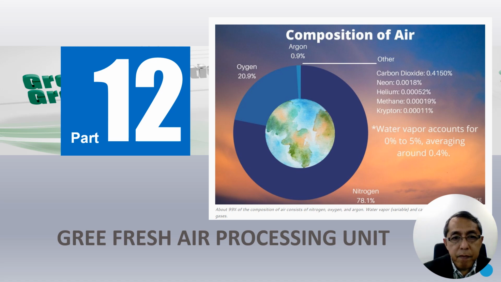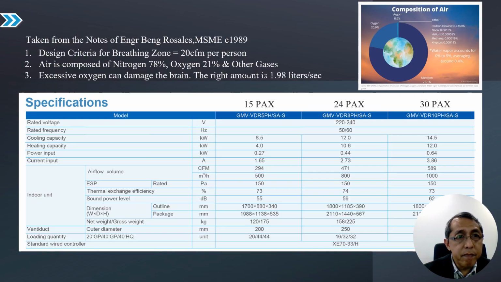And so if you're using a design criteria for a breathing zone of about 20 CFM per person, and the air is composed of nitrogen 78%, oxygen 21%, and other gases, you can actually compute the right amount of oxygen that your brain and your body needs. Because if you inhale excessive oxygen, it can damage your brain. So you can compute it's only about 1.98 liters per second.